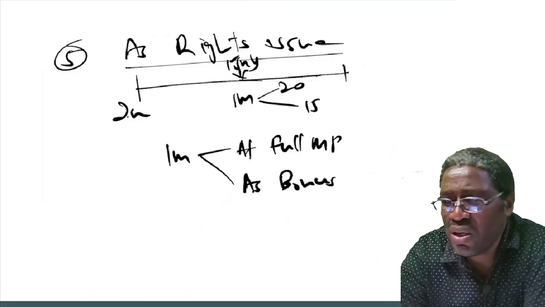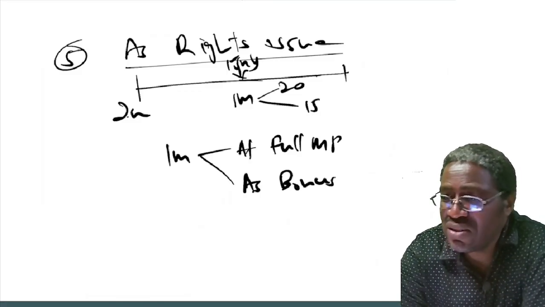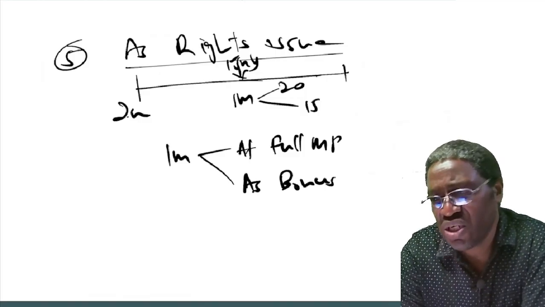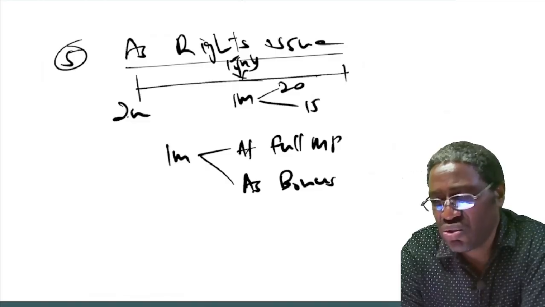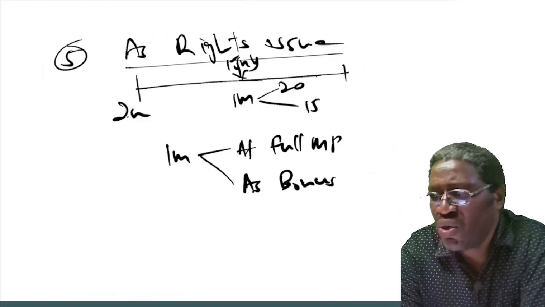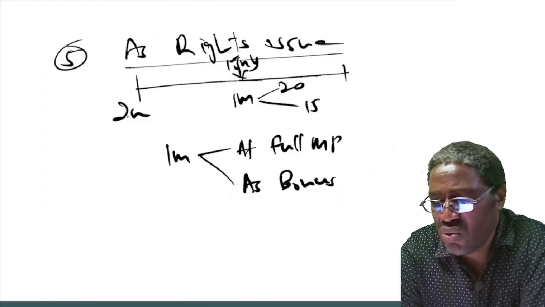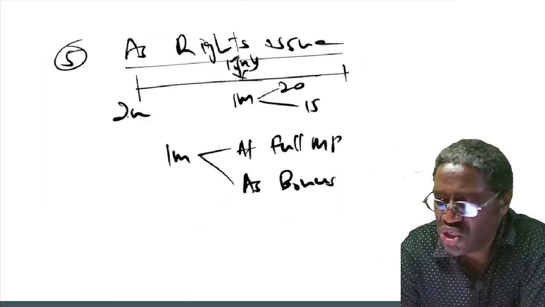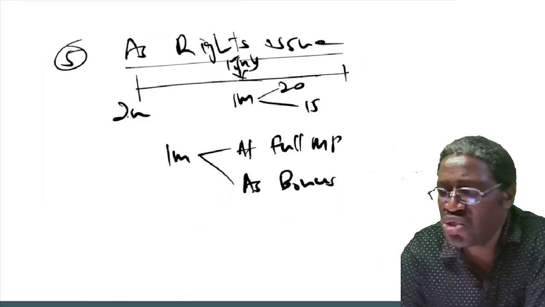So you are again concerned to ask yourself, how many out of the 1 million shares are deemed to be issued at full market price? How do I determine those shares?